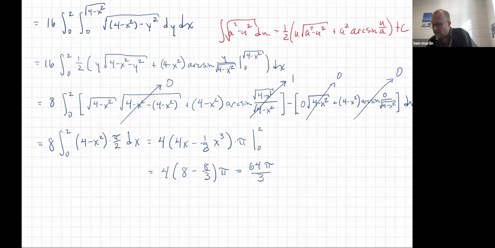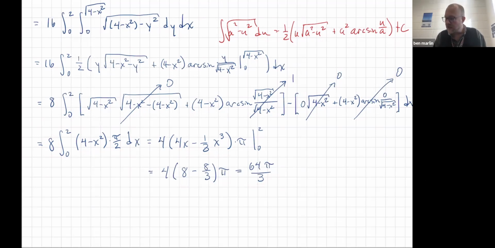So that means that we end up with the 4 minus x squared, arc sine of 1, so the pi over 2 in that part. And so you can combine the 8 and the over 2 to make things a little bit nicer here. But you have to integrate, it's just a polynomial. And then you just plug in, and your arithmetic tells you that you've got 64 pi over 3.